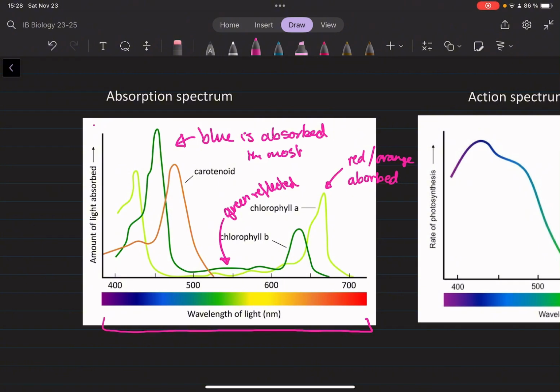Also, I forgot to mention what you put on the y-axis in the absorption spectrum: the amount of light absorbed. Or I guess you could just put light absorbed. What is important to remember in this graph is that the blue will always be higher than the red.